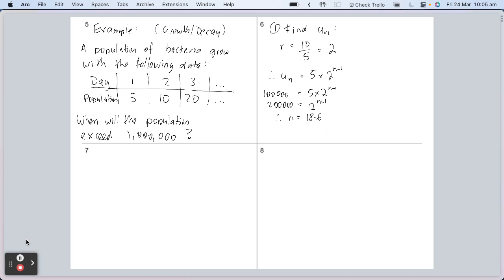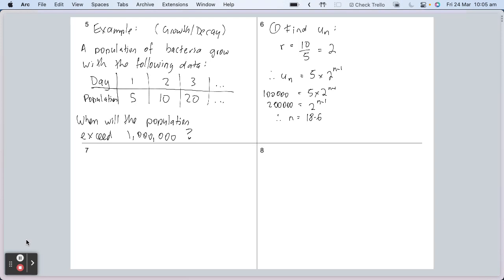Yeah, I mean, you kind of can, I suppose, but it doesn't really make sense in terms of a countable day. So often with a geometric sequence, we're looking for a whole number n. So in this case, what would I say?